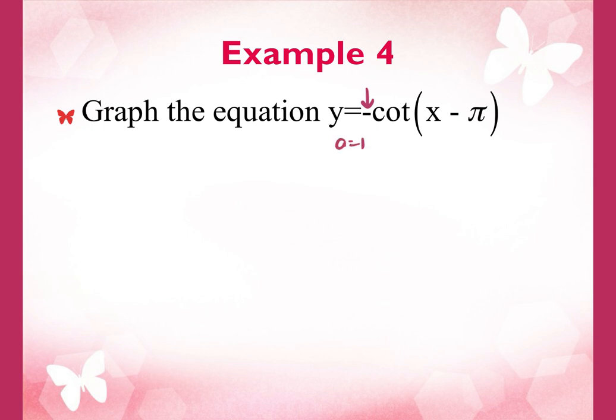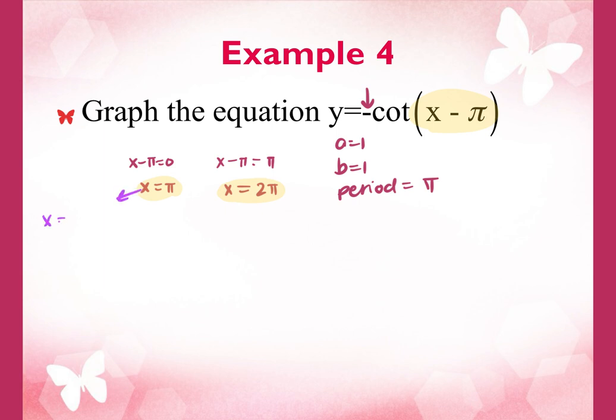So A is 1, B is 1, period is pi. Then we set what's next to it equal to 0 and pi because this is cotangent. So x minus pi equals 0 and x minus pi equals pi. I get x equals pi and x equals 2 pi. And those are your middle two asymptotes. From the one on the left, we're going to subtract the period, which is pi.